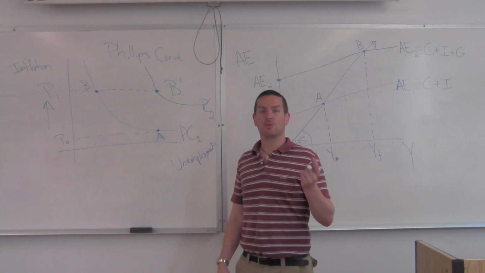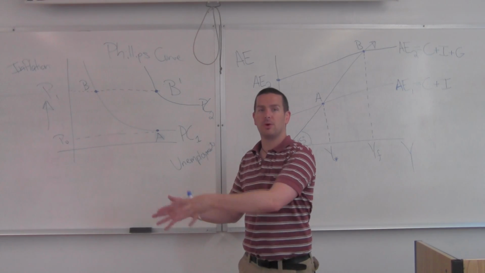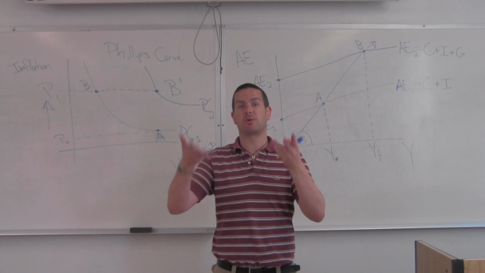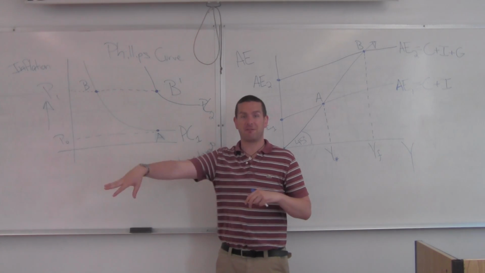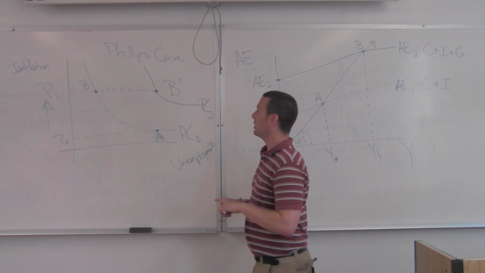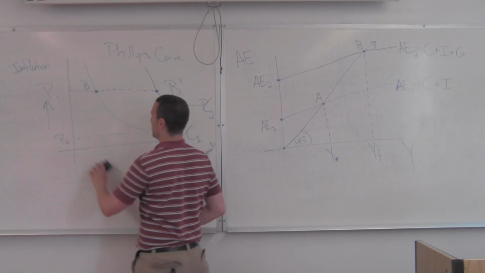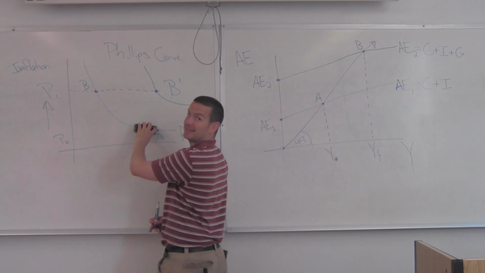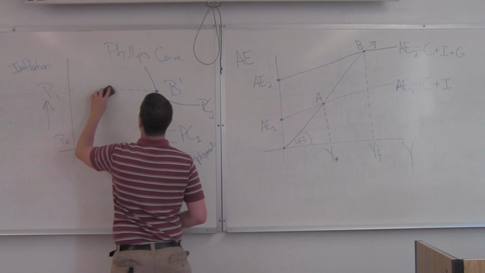And when that happens, once prices go up, the people who went from being unemployed to employed, they're the ones who pushed the prices up, which caused some other people to get fired. Okay? So, the result of this is, let's connect the dots.